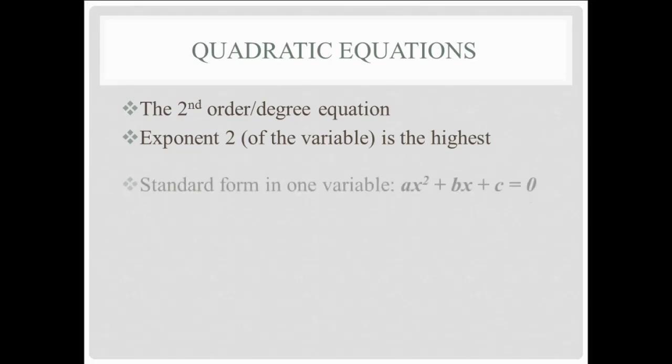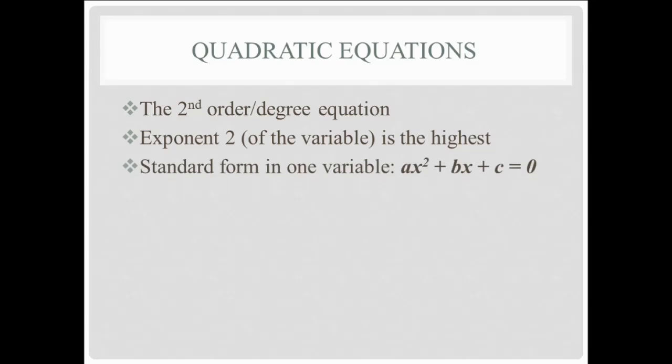The standard form of the quadratic equation in one variable is ax square plus bx plus c is equal to 0, where a, b and c, the coefficients of x square, x and the constant respectively, are real numbers, and the coefficient of x square must not be equal to 0.